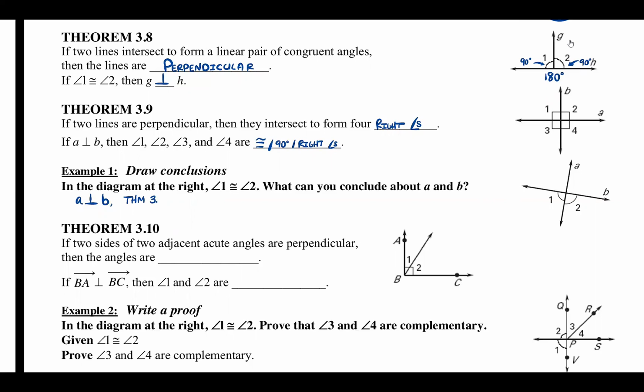They ran out of cool names and just started saying, you know what? We're good. If two sides of adjacent acute angles are perpendicular, then the angles are what? If two angles form a right angle, what do we call them? Complementary.